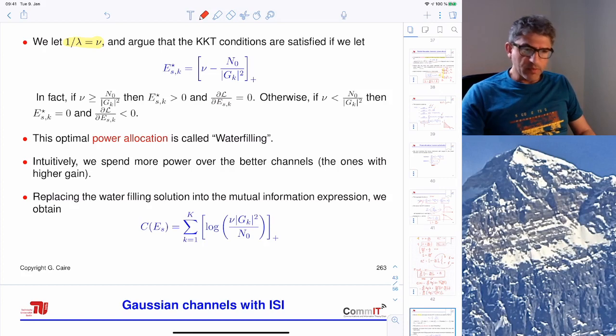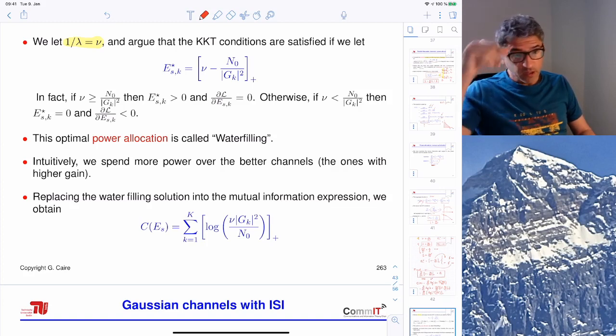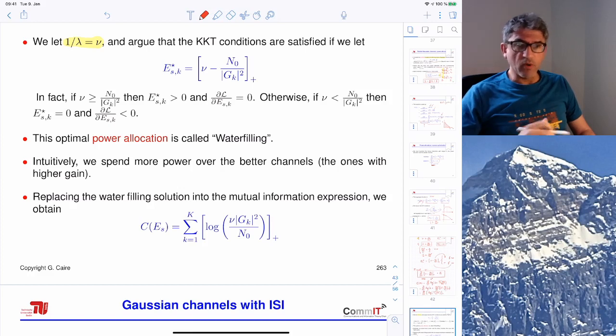So this type of power allocation, we call power allocation because we are allocating energy per symbol, since symbols are transmitted at a certain rate. So eventually we have seen that energy per symbol is related to power once you establish the bandwidth of the signal. So allocating the energy per symbol across the subchannels is called power allocation.